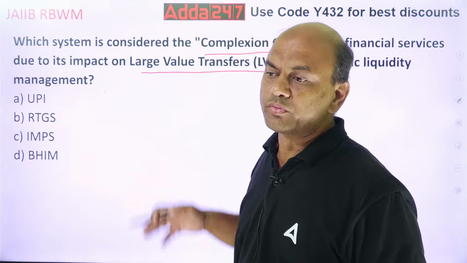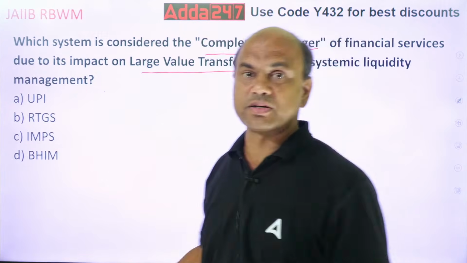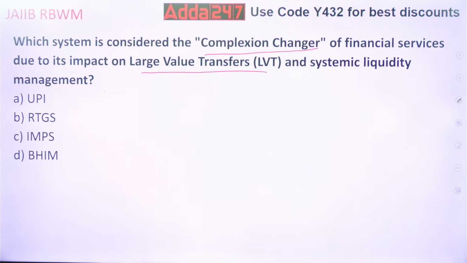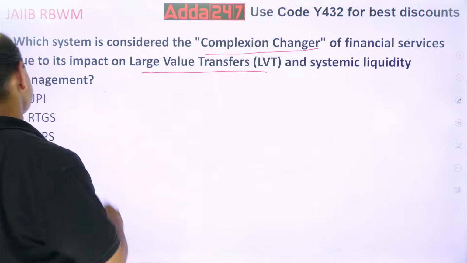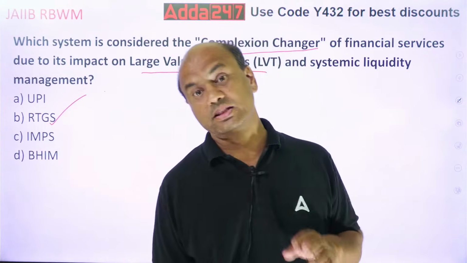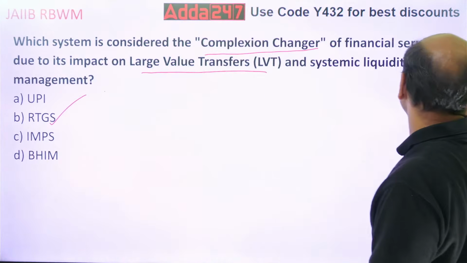So which is this system which was a game changer? What do you think? Game changer was RTGS, correct? B. RTGS was a game changer for large value transactions. Okay? So RTGS.